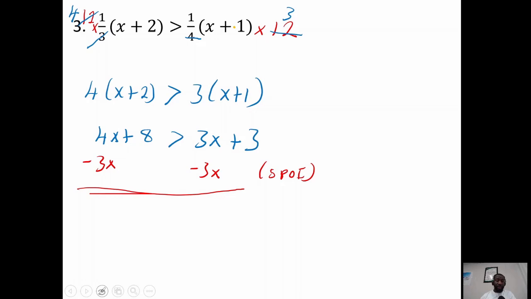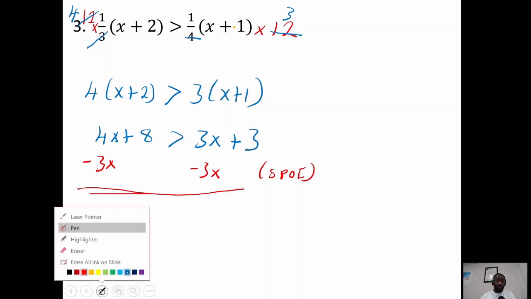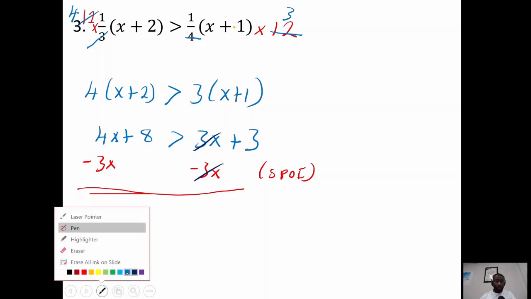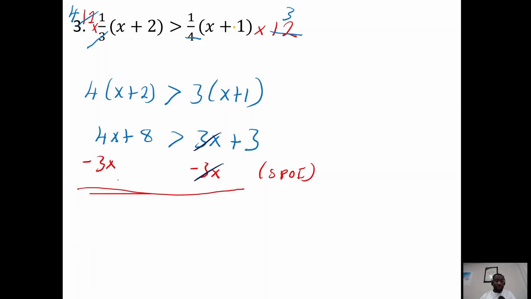So here, you do realize that 3x minus 3x is going to cross out. So now I have 4x minus 3x. Right? 4x minus 3x is going to give me x plus 8 greater than 3.